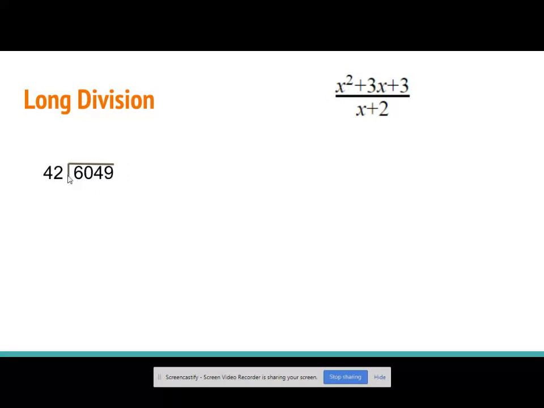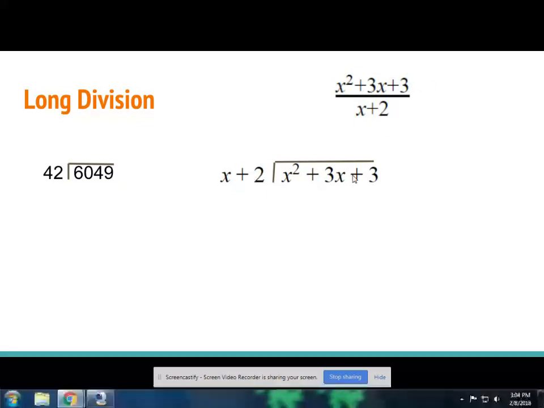It's inside of this notation, and the denominator goes outside. So it should look like this. And I wanted to talk about that specifically because if you flip these around, you're going to get a very different answer. So when you're using long division, the way this algorithm works is you take the numerator and put it inside of this box, and you put the denominator outside. So we're asking how many x plus 2's go into the numerator? How many x plus 2's go into this?